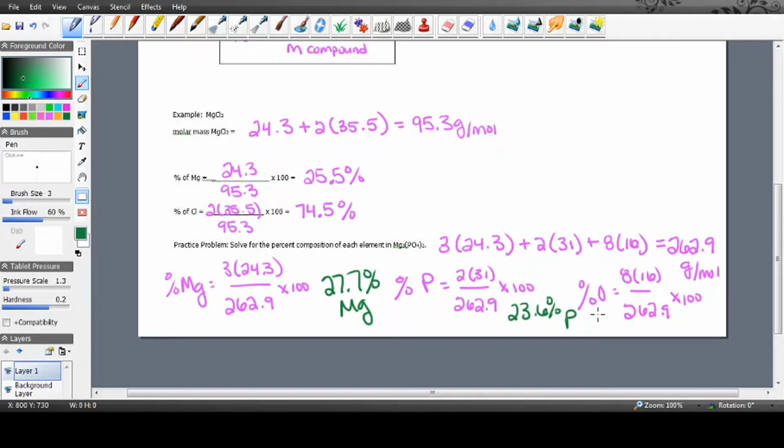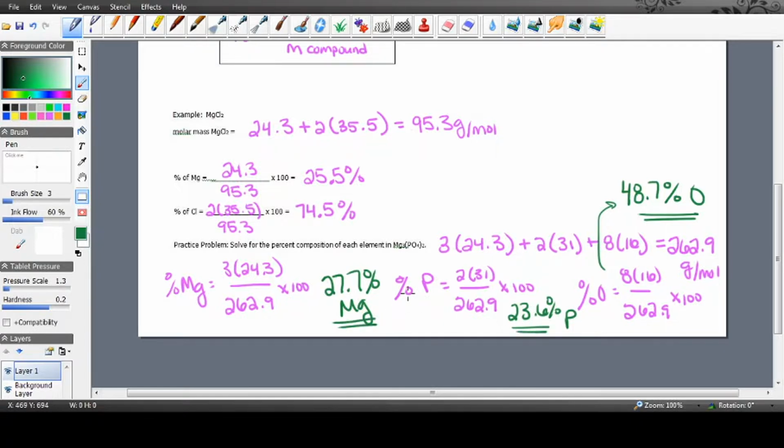And finally, my oxygen, 48.7. Let's go ahead and put it up here. 48.7% oxygen. So there's my oxygen, there's my phosphorus, there's my magnesium.